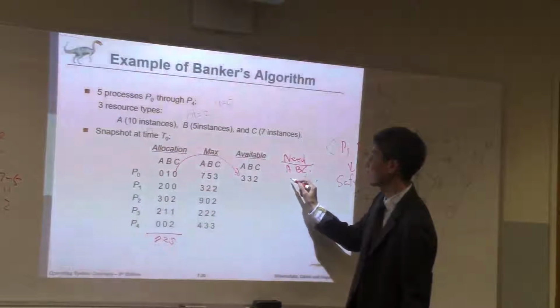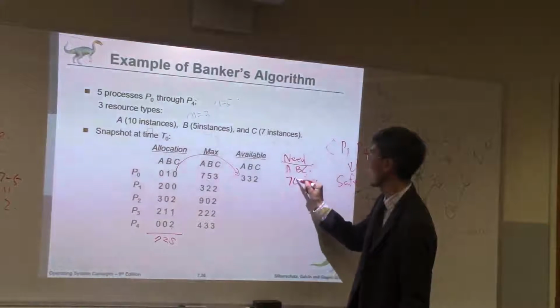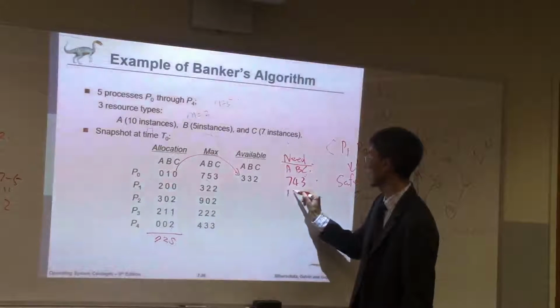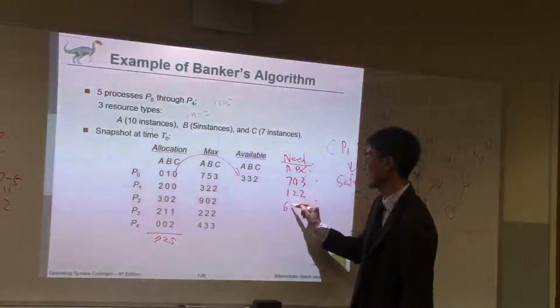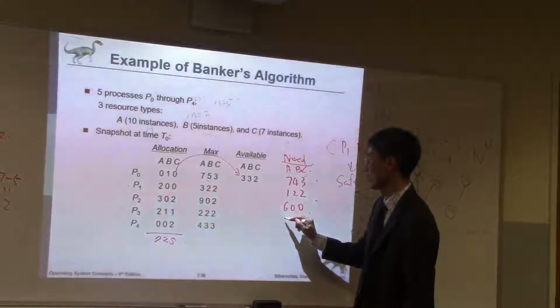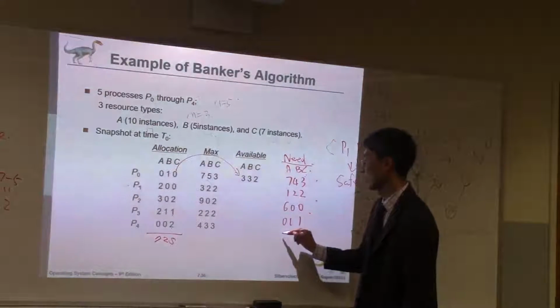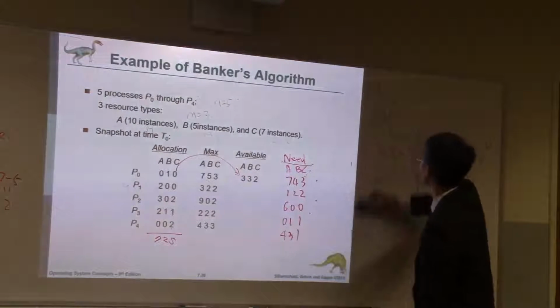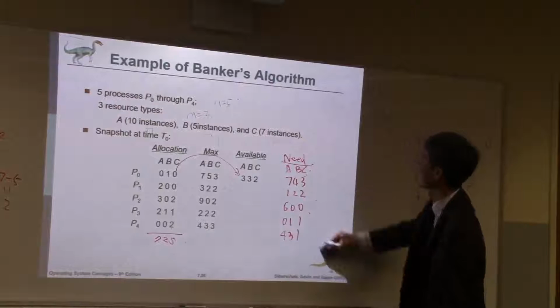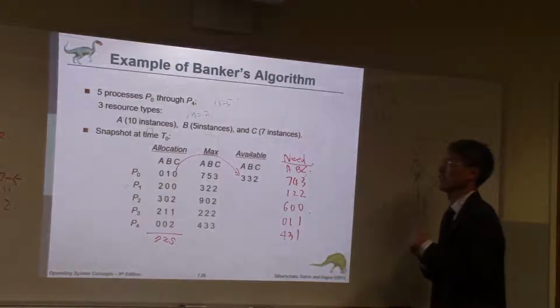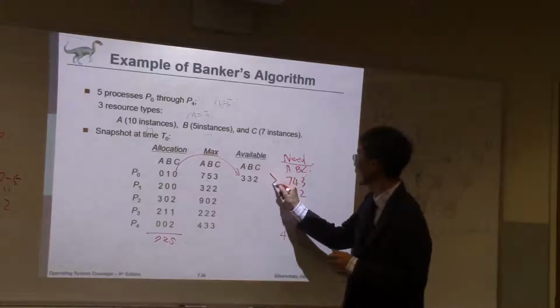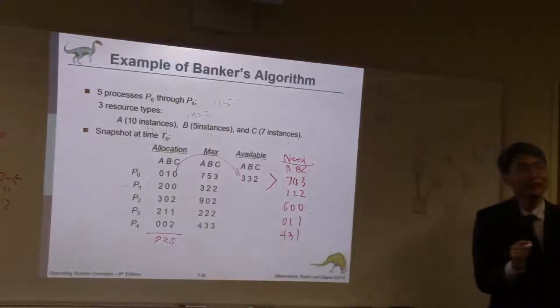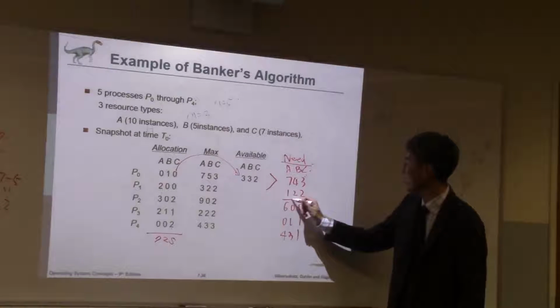So first, the need is 7, 4, 3; 1, 2, 2; 6, 0, 0; 0, 1, 1; 4, 3, 1. Okay. Good point. So totally my mistake. So first, we'd like to find which one is available. First, this one.